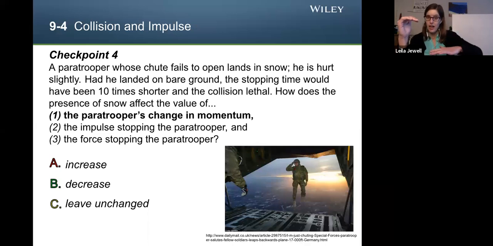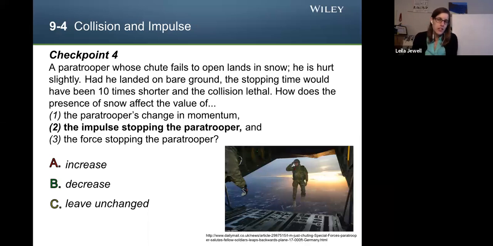So after colliding with the ground, the paratrooper is not moving, no momentum. But before encountering the snow or the ground, the paratrooper is moving with whatever his terminal velocity is times his mass. So that means the momentum before encountering the snow or ground is going to be the same in either case, and the momentum after will also be the same in either case, right? In either case, he's stopping. So going from having max momentum to no momentum, that one doesn't change.